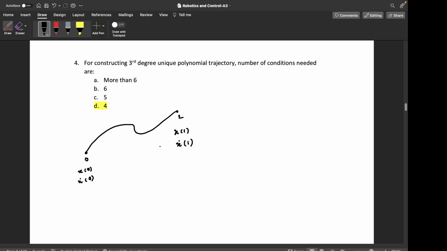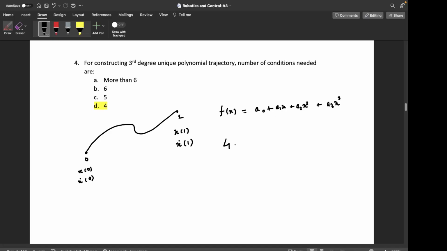Given these four conditions, you can find the parameters of the cubic polynomial, which has four unknowns: a0 plus a1x plus a2x square plus a3x cube, right? So four unknowns, and from four boundary conditions you get four equations, and you can solve them to find a0, a1, a2 and a3.